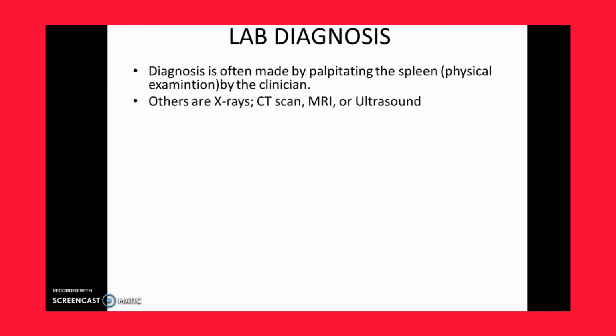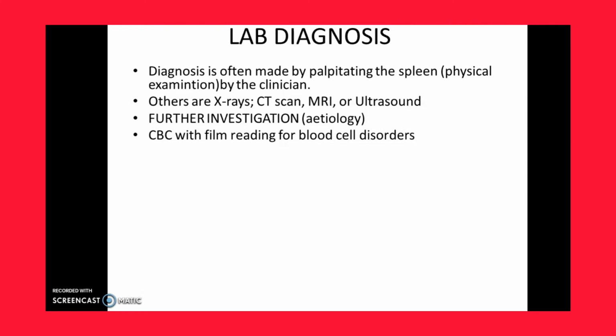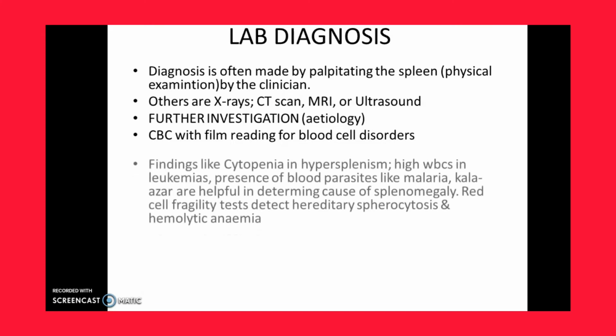There are also X-rays that could be done, CT scan, MRI, or ultrasound investigation that we could do. Further investigation will really show us the cause of the splenomegaly, that is, the probable cause of the problem. The complete blood count, we call CBC, with film reading for blood cell disorders, is very helpful, in that it will help one know which of the blood cells are really affected.